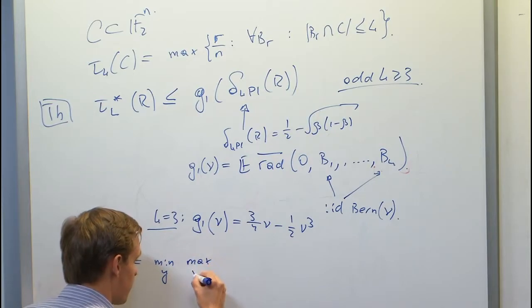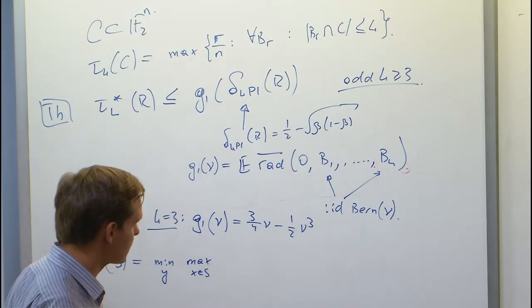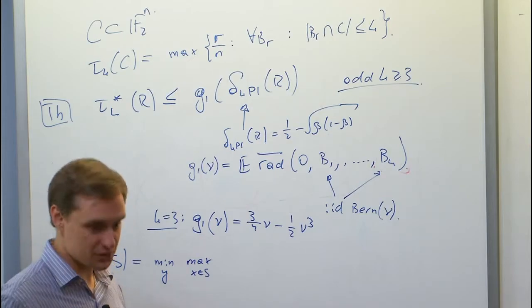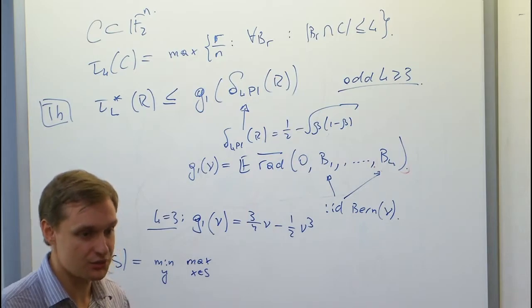But these are points on the real line, one-dimensional, so the radius is the distance between the two divided by 2. No, this is Hamming space, so it's some sort of majority. B1 up to BL are 0, 1 numbers, and you consider the Hamming distance.